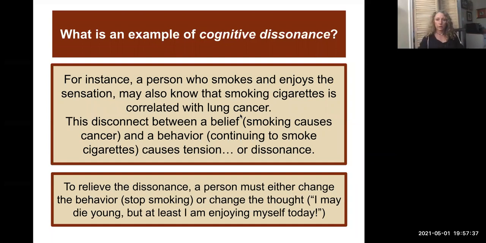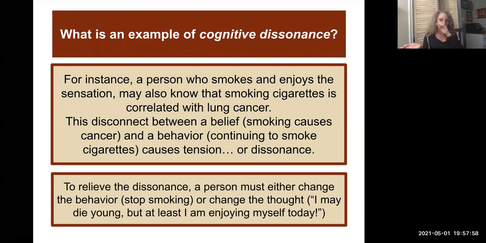Let me just read it again, I'll tell you. So let's say you have an attitude that you know that smoking is bad for you and that it can cause cancer and that people shouldn't smoke, but you really enjoy smoking and you actually are smoking, there's dissonance, right? Your attitude is smoking is wrong, but yet you're smoking.